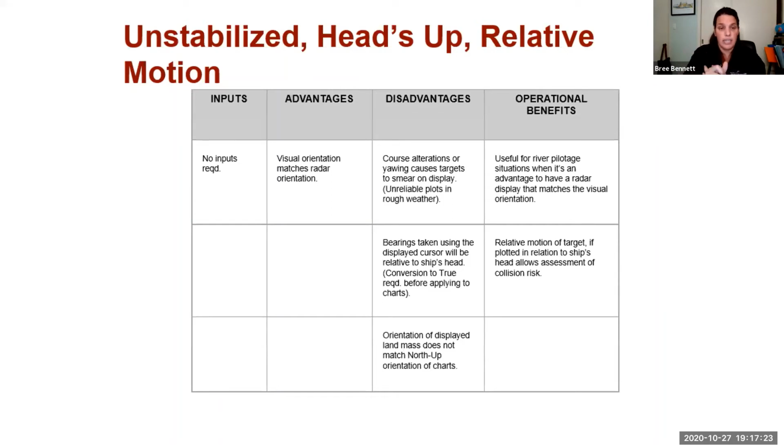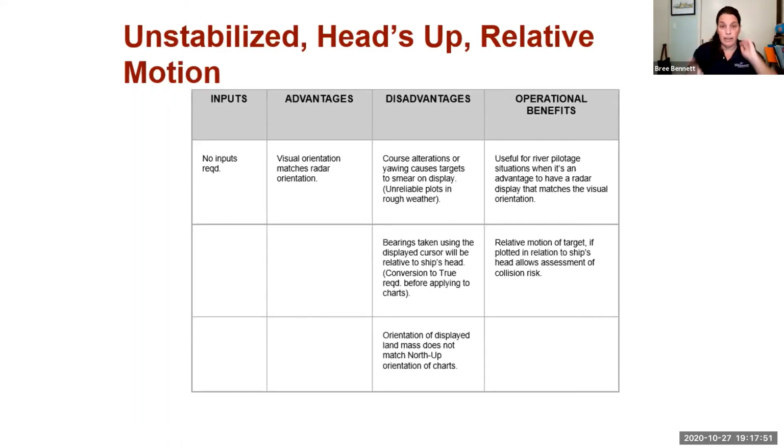The first one I'm talking about here is an unstabilized head-up relative motion. This means that I have no inputs coming into my radar; whatever my radar is projecting out is what's coming back. I have no other inputs, no compass, no anything else to give me an idea of what I'm looking at.